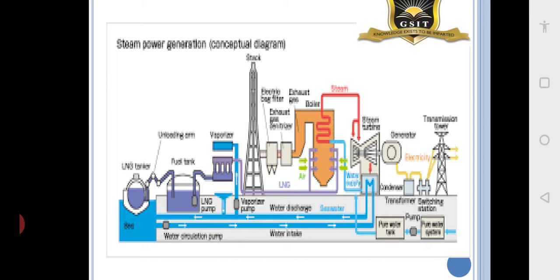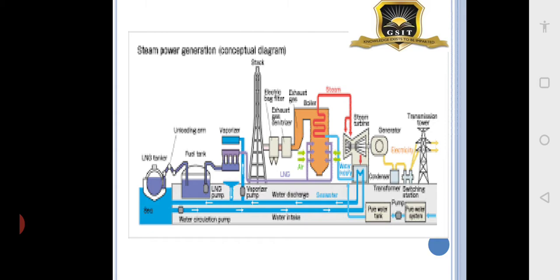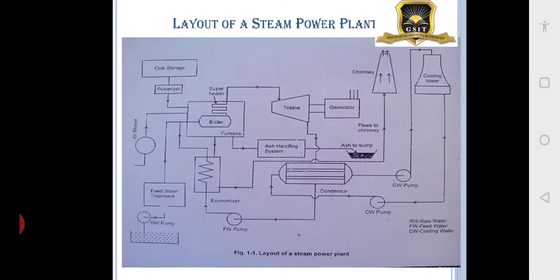So this boiler will also have a feed water heater, boiler, superheater, and this turbine also will not be a simple one stage. It will have a multi-stage turbine, and so it is a complicated thing. But for general learning, we show it in a simple diagram or sketch, line diagrams.